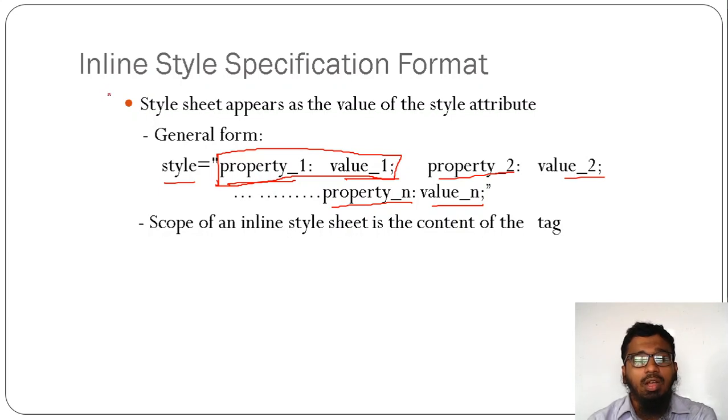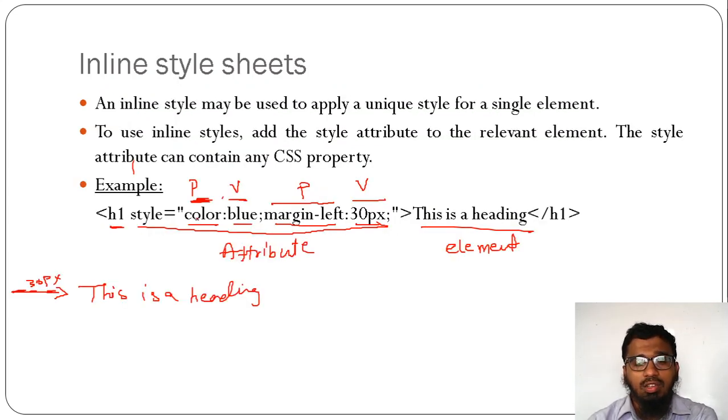In inline, if h1 style equals color blue, margin left 30, and I use h1 again, then this same property will not apply to it. Whatever the color and properties are there, that will not apply to this. This is only for the single line.